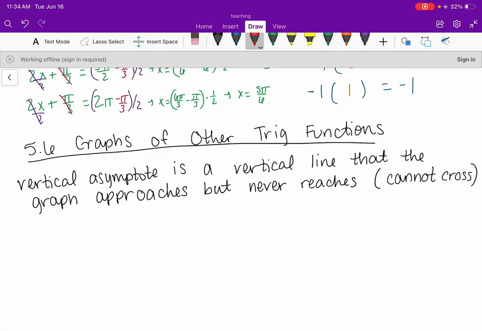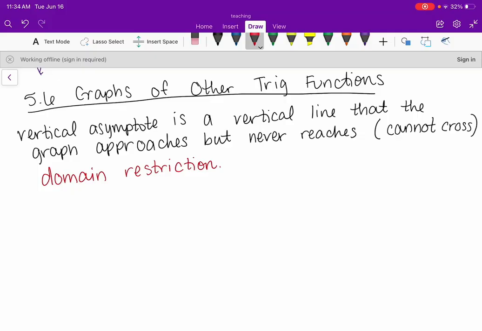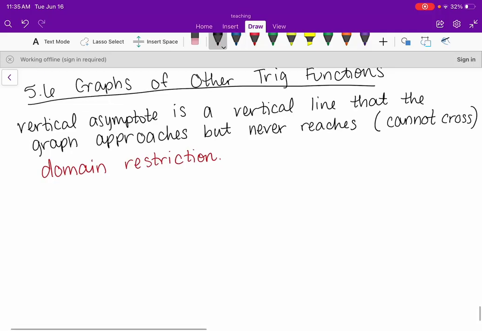And so what usually creates these vertical asymptotes is some kind of domain restriction. Some kind of domain restriction is what will create a vertical asymptote. So an example of something that has a vertical asymptote is, let's think of something.